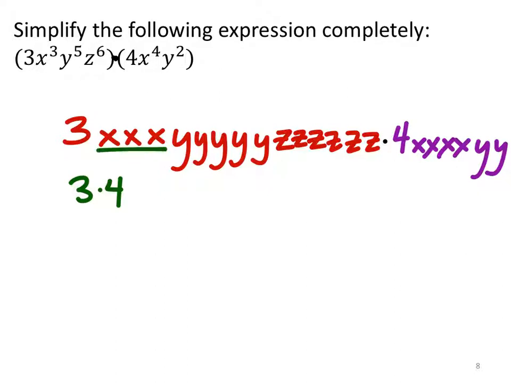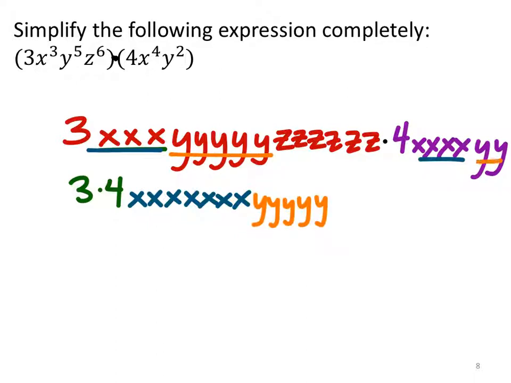Yeah, we'll do it in a different color. These 3. 3 x's, and then over here 4 more x's. Next up, we'll look at the y's. So let's see, y's. I got these 5, and I got these 2. And then finally, we got these z's, all 6 of them.